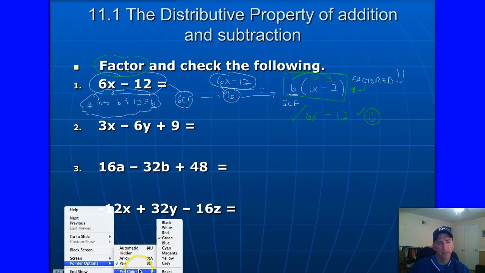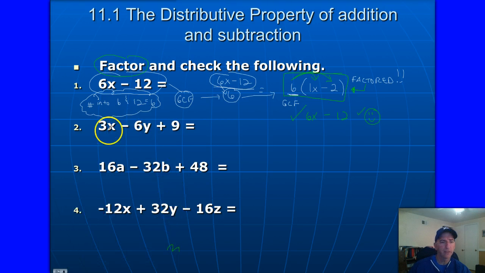That one might look bigger and scarier, but we're going to do the same thing. We've got 3 numbers here. We've got 3, 6, and 9. So we want to find the greatest common factor of 3, 6, 9. And the greatest common factor of 3, 6, and 9 is 3. So I'm going to divide all of those numbers by 3. This number here, this number here, and this number here.